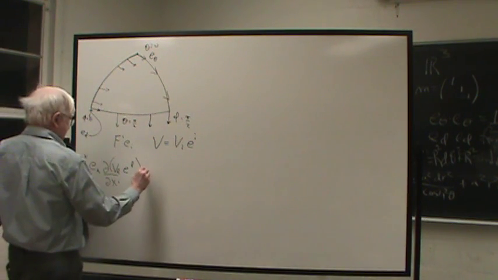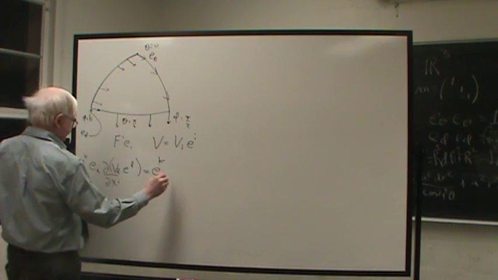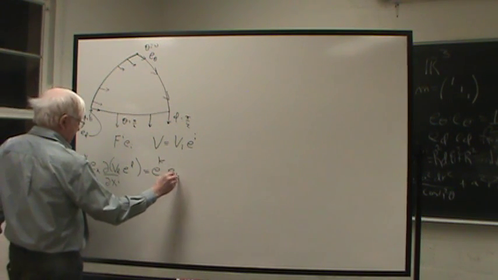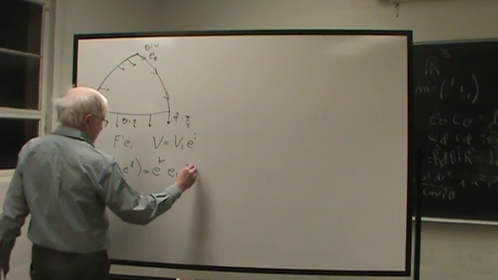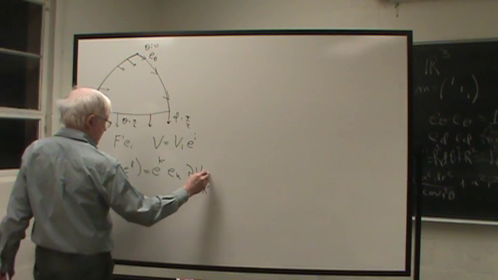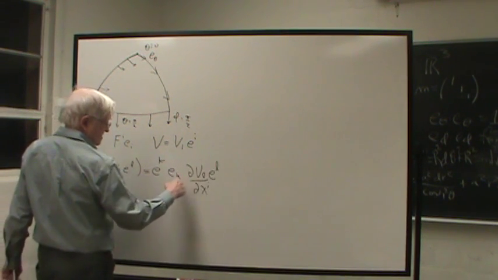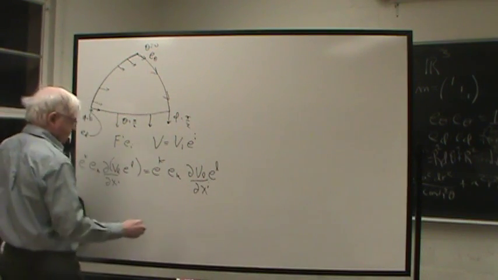And what will this be? Well, this will be E_K partial V^L partial XI E upper L, and of course this just gives you delta LK.